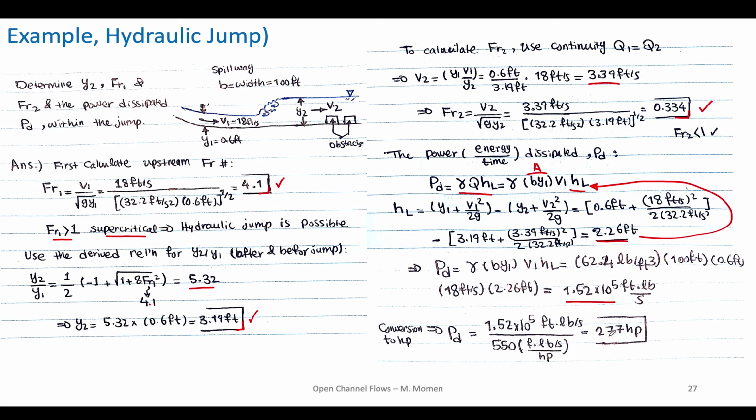This is a conversion rate. It's going to give me 277 horsepower. Okay, so 277 horsepower is lost and dissipated over this hydraulic jump.